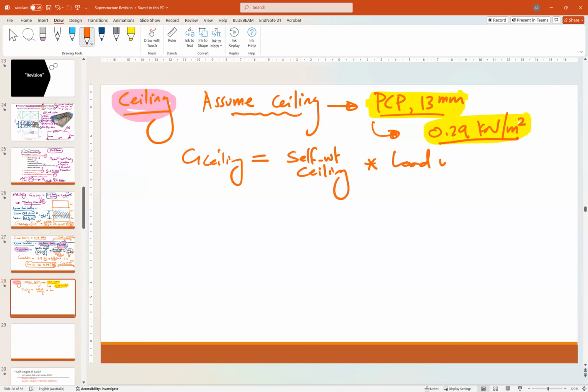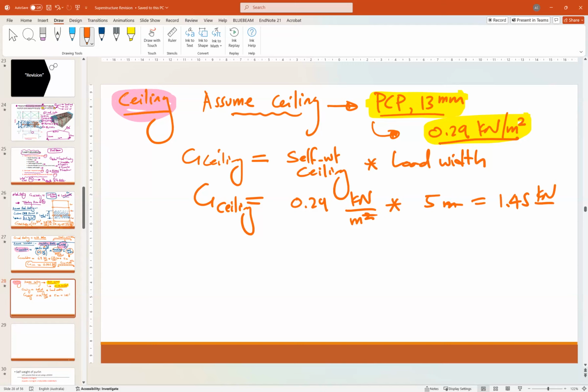Load width. So G ceiling equals 0.29, which is already in kilonewton per square meter, times 5 meter, so the meter squared cancels. It becomes 1.45 kilonewton per meter. So this is the ceiling weight.